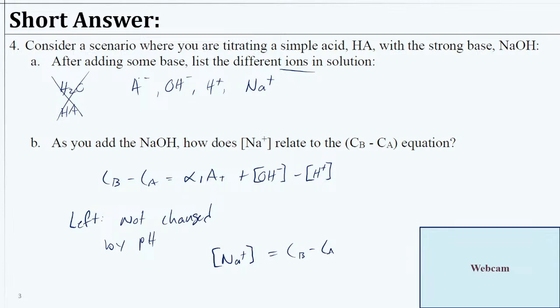Because there's other things that are taking away OH minus as it's being added. So just like you see right here, if we add some NaOH, net strong base, well, yeah, OH changes, but there are other things that are changing also for every sodium hydroxide that we add. So it's not exactly that it's equal to sodium. All right. Any questions or issues with that?